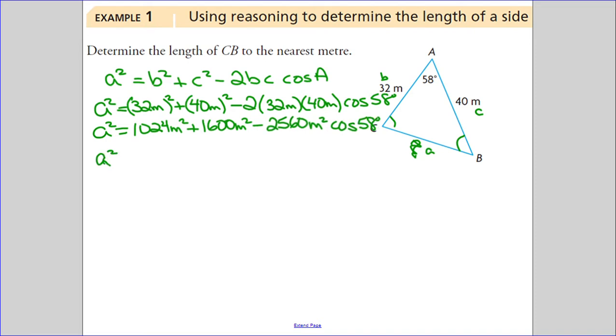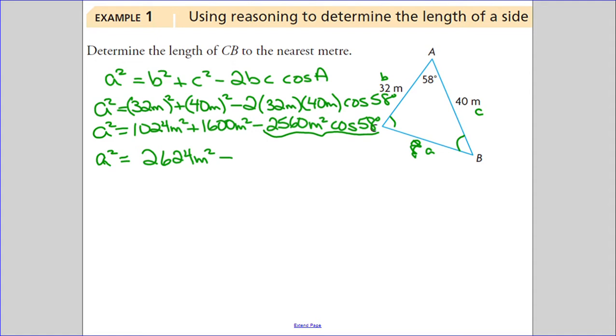Which means that A squared is equal to, if I add together my two numbers, 2,624 square meters minus 2,560 times the cos of 58. So we can't just subtract 2,560 and then worry about the cosine. You have to do that together in that term. So make sure that you're doing this step as one piece.